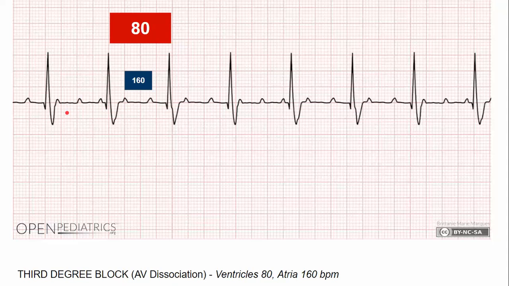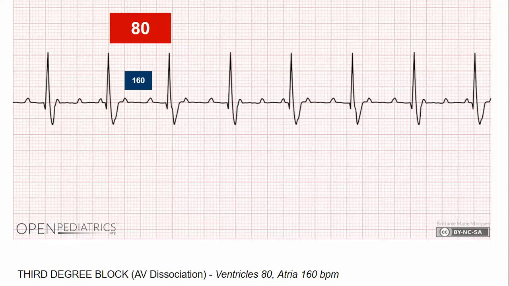So we say, let me think. We put our imaginary calipers from here to here, and then from here to here, and from here to here, and we see this thing kind of walking out all down the strip. So we think, wow, that means the atria are depolarizing at their own rate.